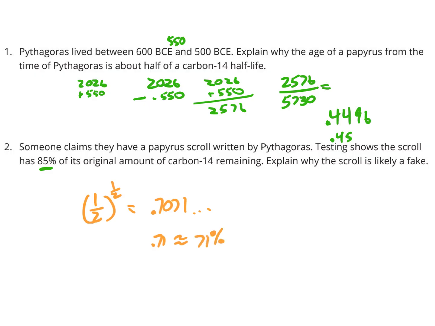So if this papyrus was around when Pythagoras was alive, only 71% of the original amount would remain. Since 85% remains, that is too high, so the papyrus is much younger. And in a couple of lessons, we will learn how to exactly pinpoint the age by doing another operation.